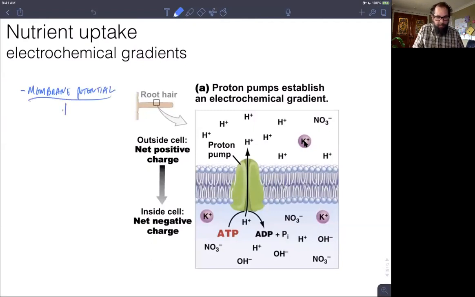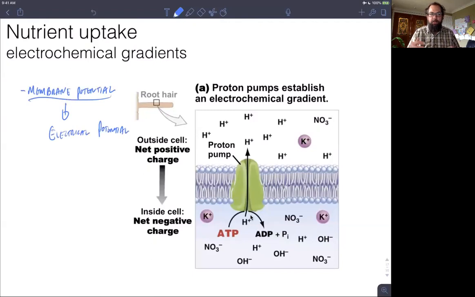The membrane potential is a combination of electrical potential and chemical gradient. That electrical potential is actually established by having a different number of these positively charged protons outside of the cell than inside of the cell. We can see in this example here, we've got a lot of positive ions outside of the cell, more negative ions inside of the cell.